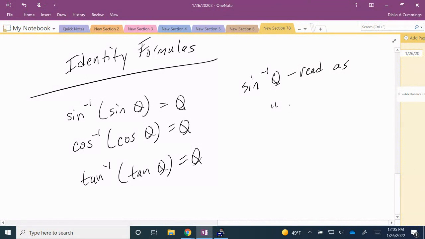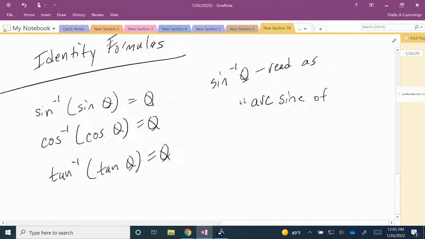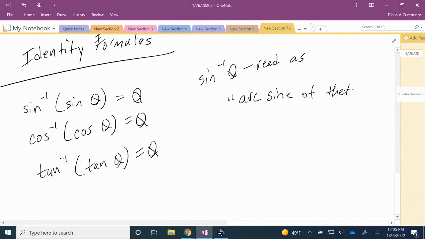You may hear me say this is the arc sine of theta, or you may hear me say this is the inverse sine of theta.